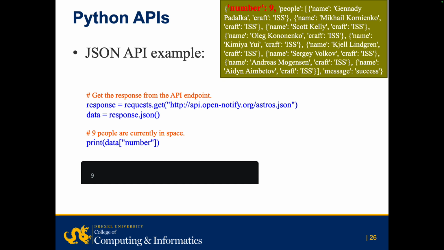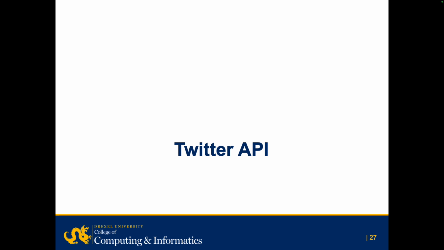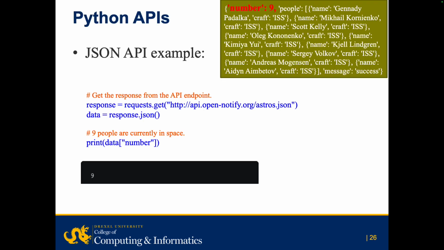Number 9 people, and then a list of people's names. So you will be able to access specific pieces of data from the server response. Now this is directly accessed using JSON. We understand the format. We can parse it on our own.